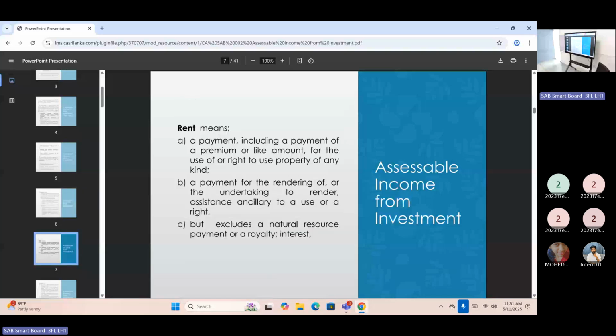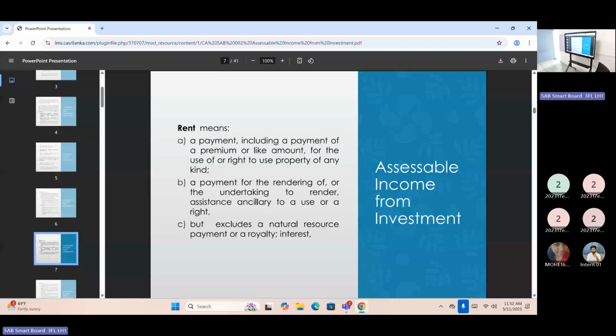A payment, including a payment of a premium or likely amount, for the use of or right to use property of any kind. Use of or right to use any type of property. If you are making any payment for it, it can be considered as payment.